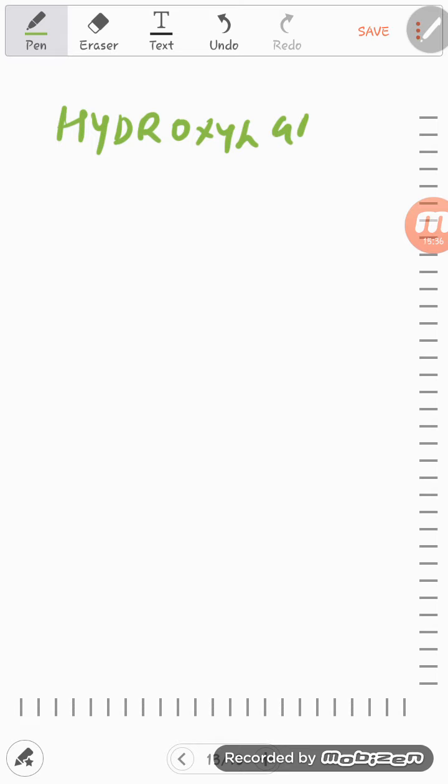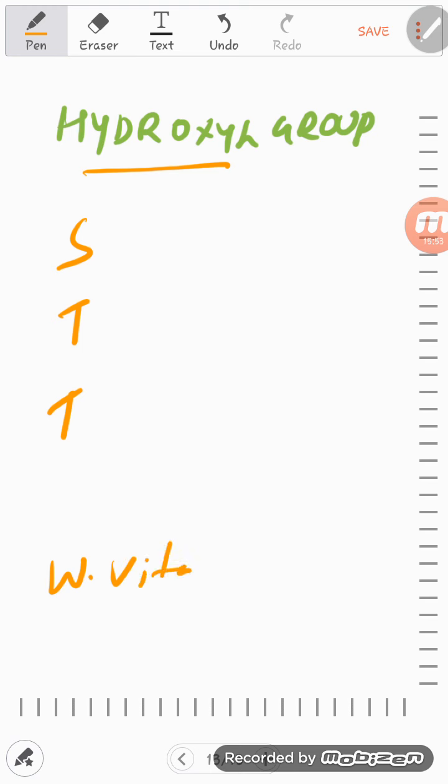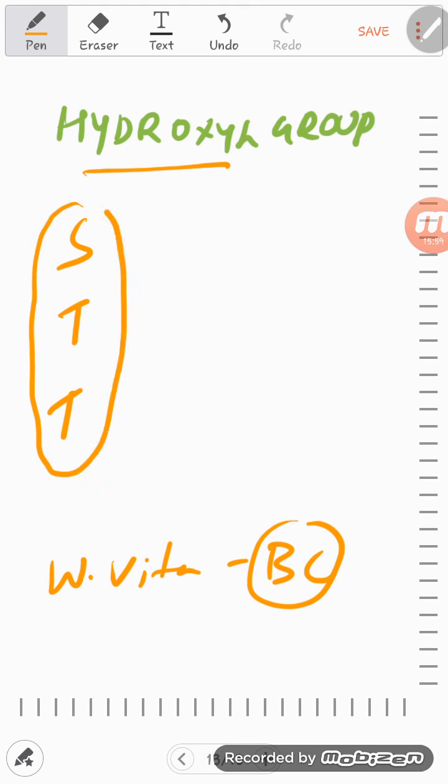The next they can ask a question like which has a hydroxyl group. The code for hydroxyl group is STT. Okay, you can remember a simple code. Hydroxyl means water, so water soluble vitamins is a question. You can remember it as BC. So here, you can remember it as ST. So BC contains water, ST contains water.